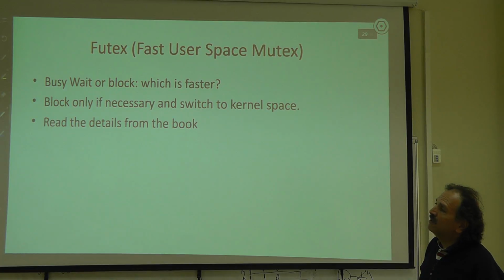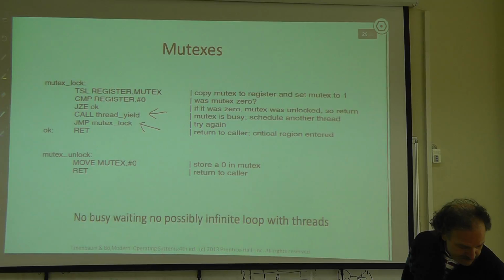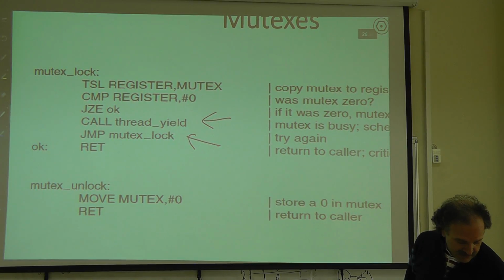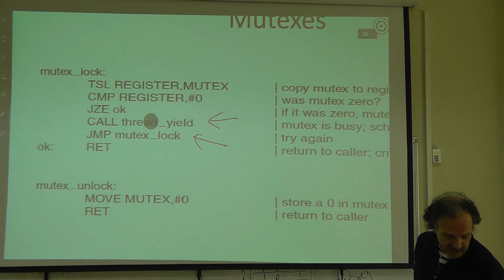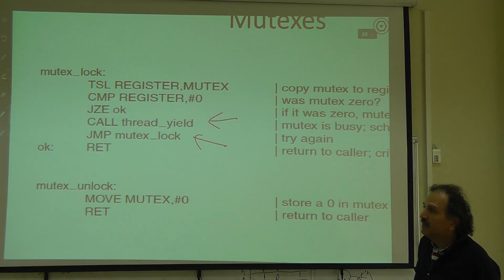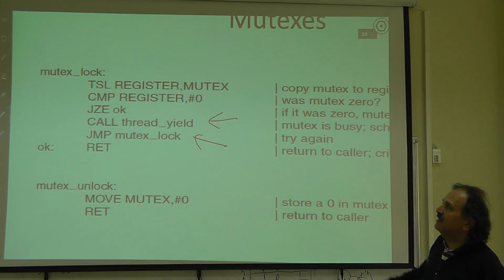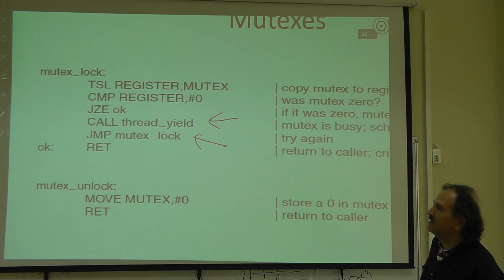Why? Because if I don't block, that means that if I get the lock, if I don't block, if I don't yield, then spin locks are faster than calling the operating system routines.